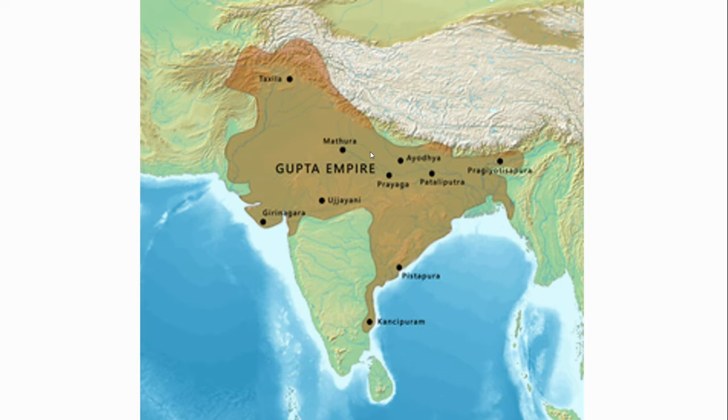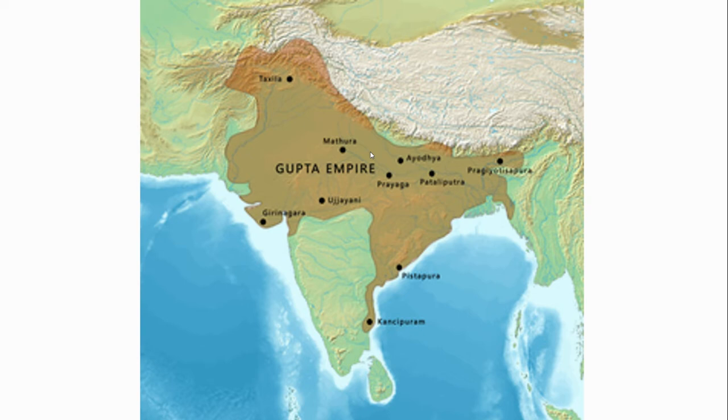This area was once ruled by an empire. This is a map of the Gupta Empire, which was a classical empire in the same light as Rome and Han China. But just like those two, they had fallen due to their inability to unify the diverse population and establish centralized rule.